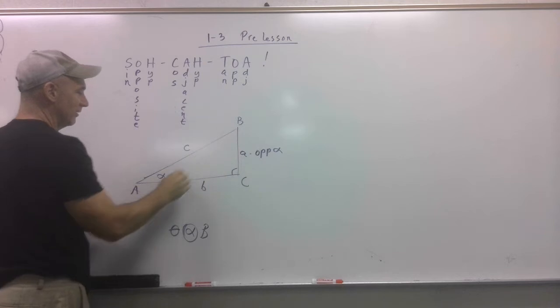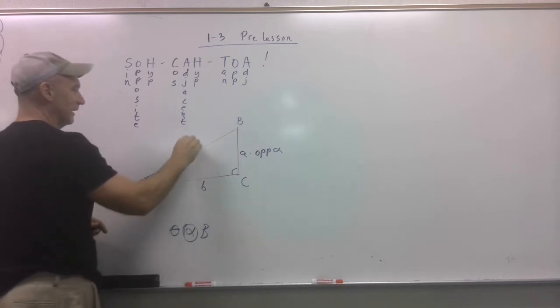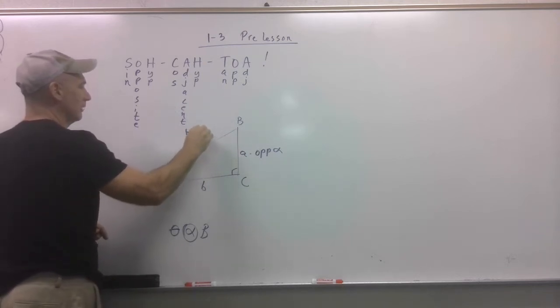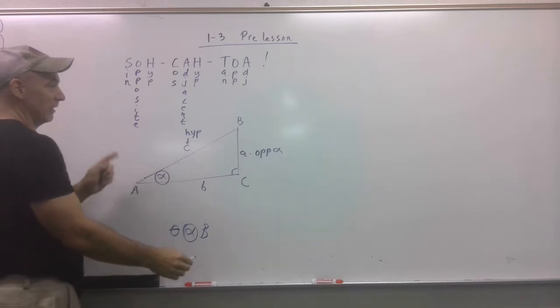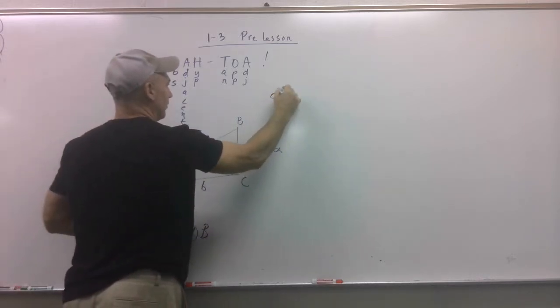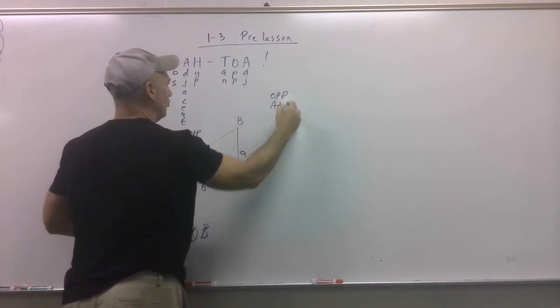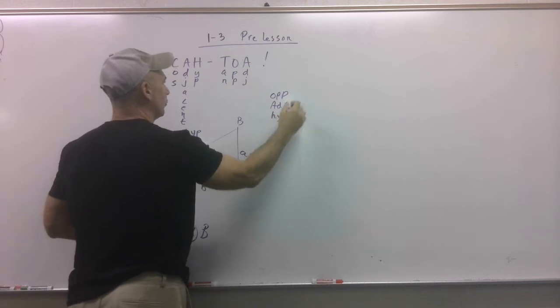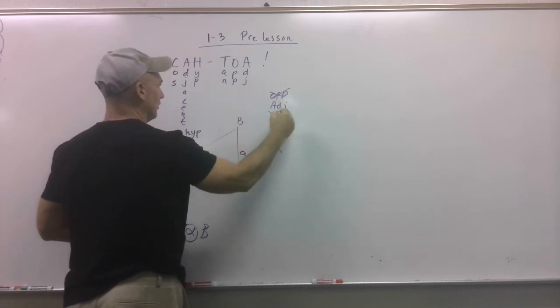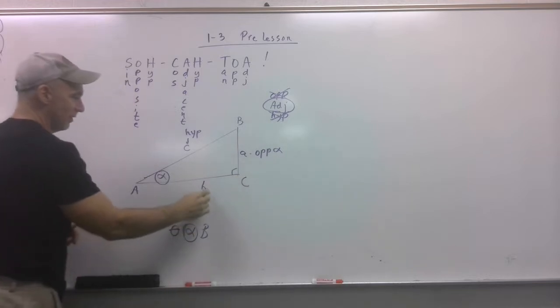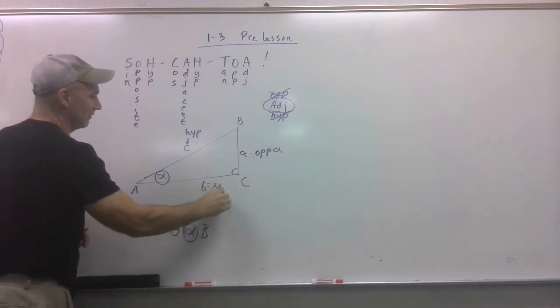This side doesn't have anything to do with this. It's just the hypotenuse. It just is. Which leaves us, if we've got these things, opposite, adjacent, and hypotenuse, we've already used this, we've already used this, there's only one left. That means this has to be the side adjacent.